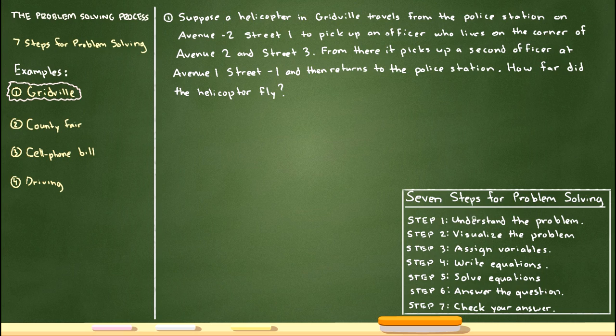So the first step is you want to understand the word problem. In a word problem like this here, talking about a helicopter in Gridville, we may want to read this multiple times, read it 2, 3, even 4 times to gain a complete understanding of what's happening in the word problem and what the word problem is asking for.